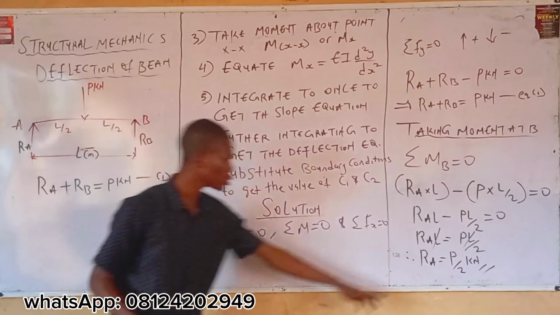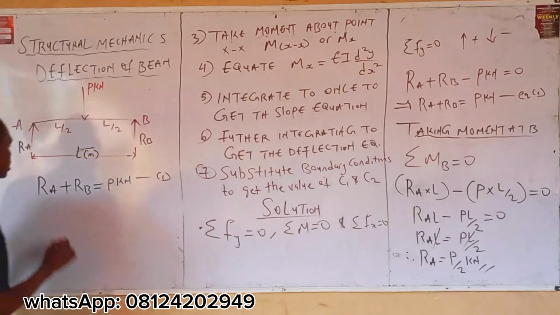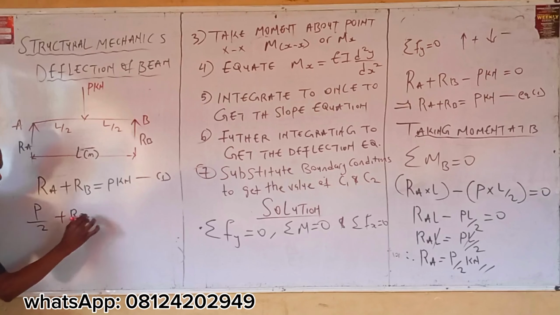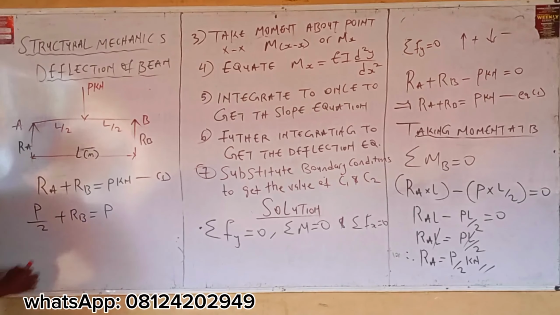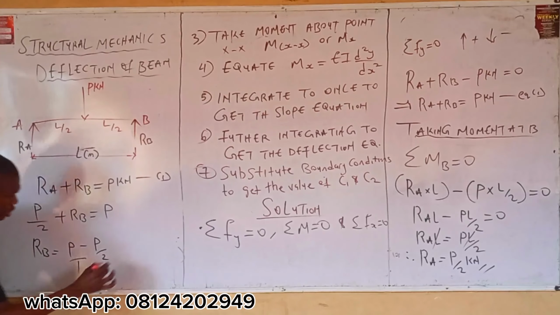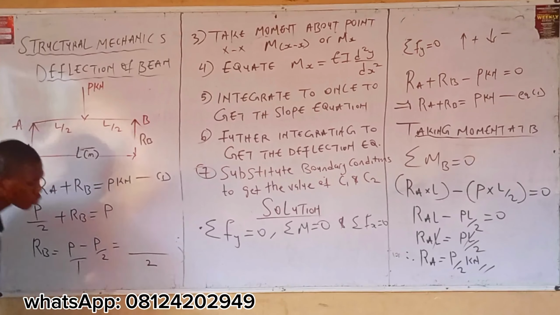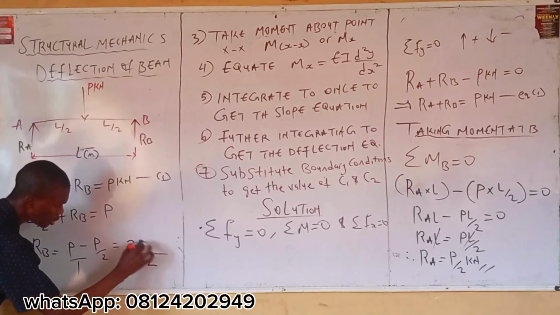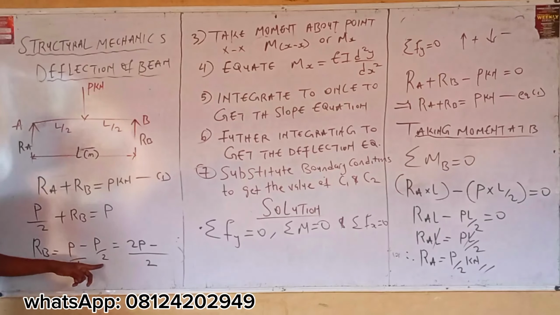Substituting, P over 2 plus RB equals P. Now make RB the subject of the formula: RB equals P minus P over 2. Take your LCM, which is 2. 2 divided by 1 is 2, 2 times P is 2P. Negative 2 divided by 2 is 1, 1 times this is what?